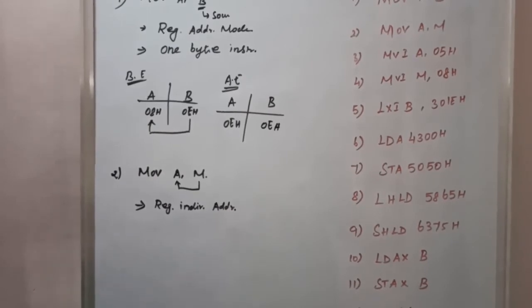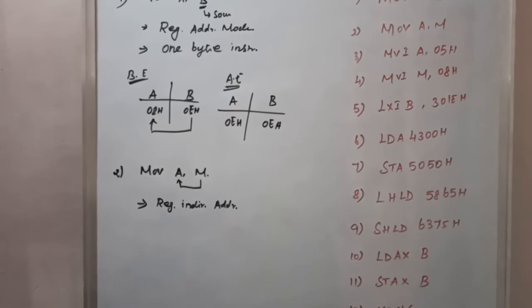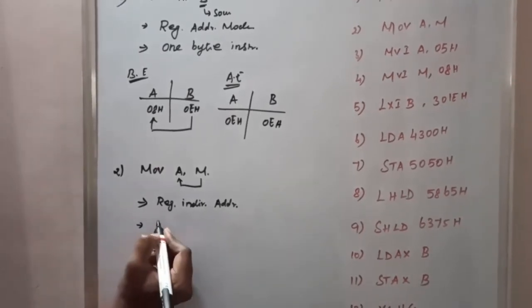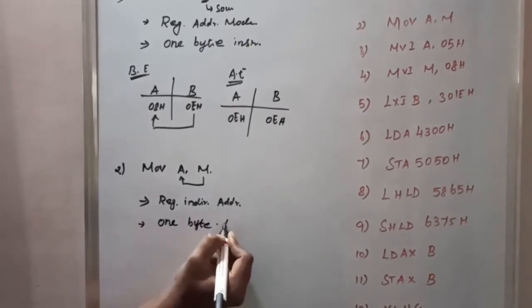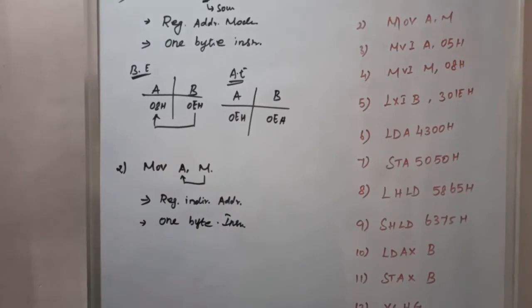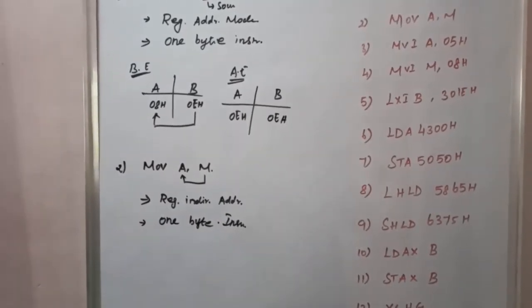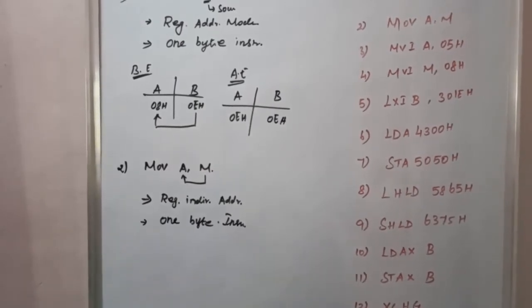The address location is passed through a memory location, so it comes under register indirect addressing mode. Next, the byte of instruction: it is also 1 byte. In the instruction itself, we can't pass an 8-bit or 16-bit value, only representing the registers, the accumulator and memory location.